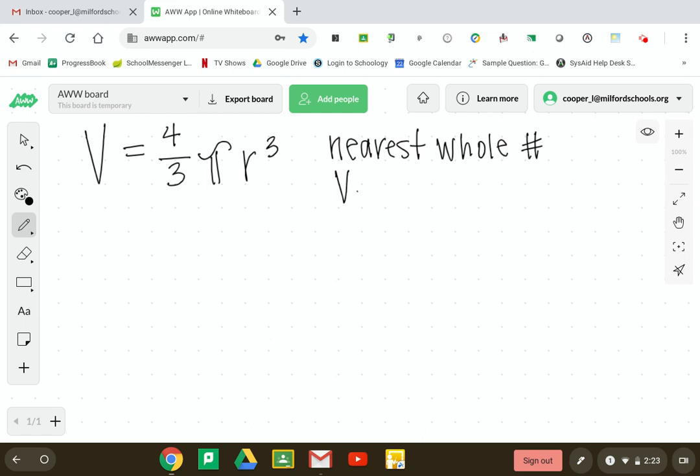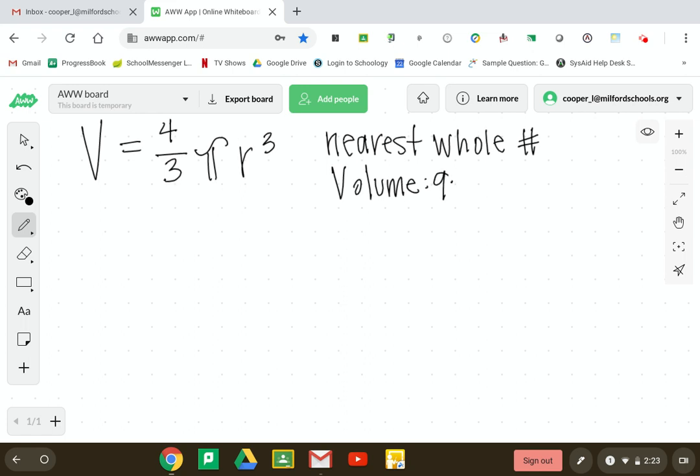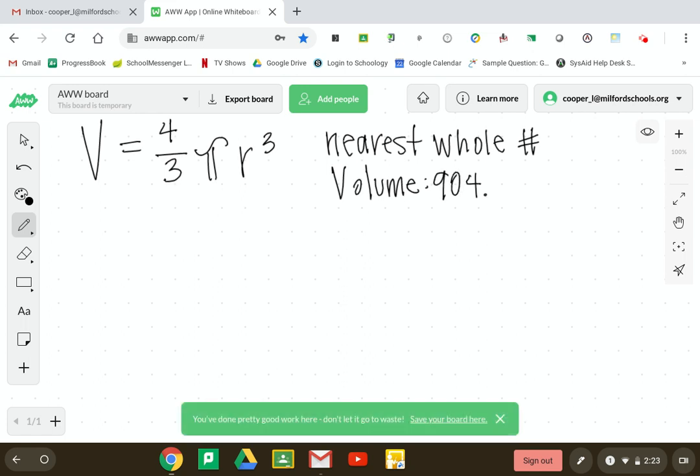And they'll tell you the volume first. And here the volume is going to be 904.32 centimeters cubed.